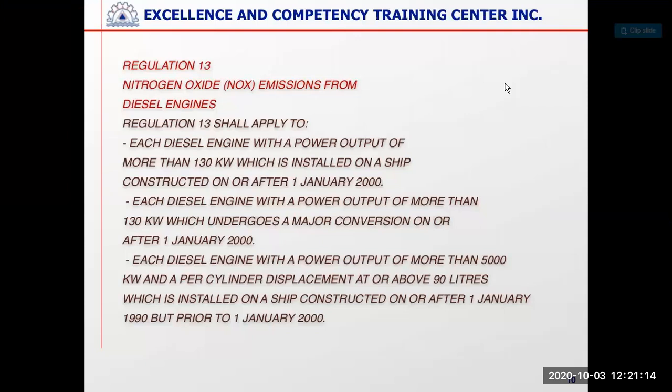First, if your engine has more than 130 kilowatt power and it is constructed after 1st January 2000, or if it is more than 130 kilowatt power and it has gone under major conversion after 1st January 2000, either installed after January 2000 or undergoing any major conversion after January 2000, then you need to comply with NOx emission regulations.